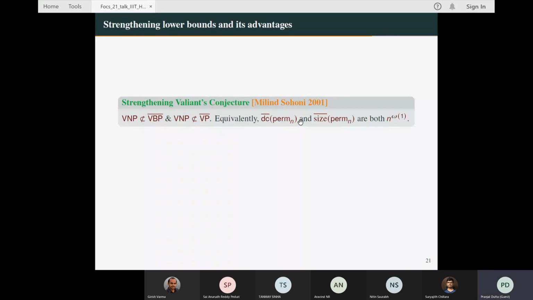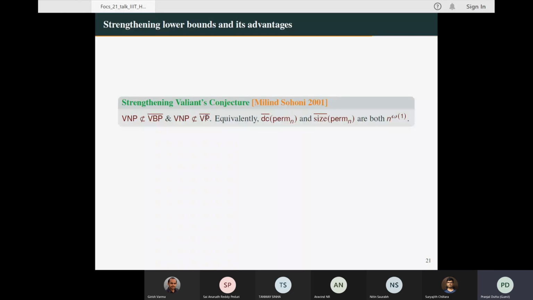That means determinant complexity or circuit size should be superpolynomial. Now you can strengthen that, and say that not only is VNP not inside VBP, I want to prove that VNP is not even inside VBP bar. Similarly, not only VNP not inside VP, I want to in fact prove that VNP is not even inside VP bar.